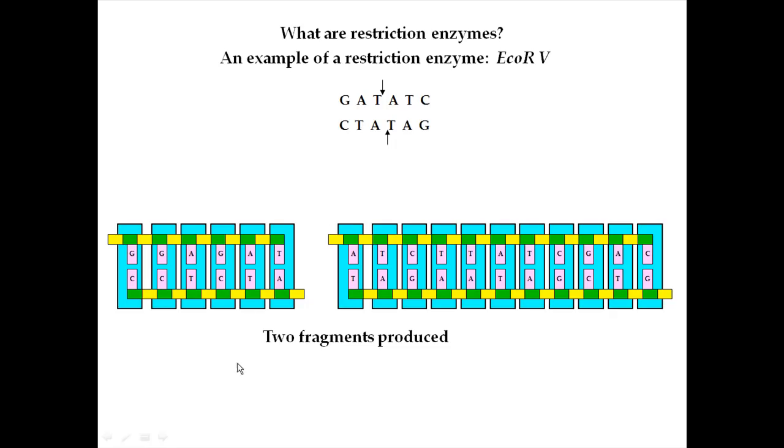If you count those turquoise highlighted base pairs, you'd see that there are 6 base pairs within this fragment, and 11 base pairs within this fragment. So this fragment is 6 base pairs long. That's how its length would be described. This DNA fragment is 11 base pairs long.